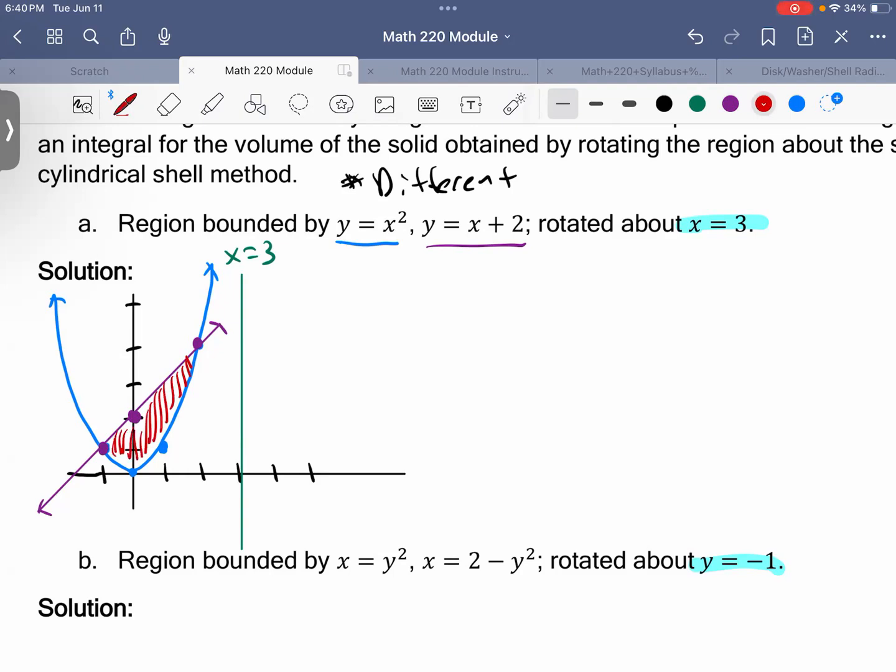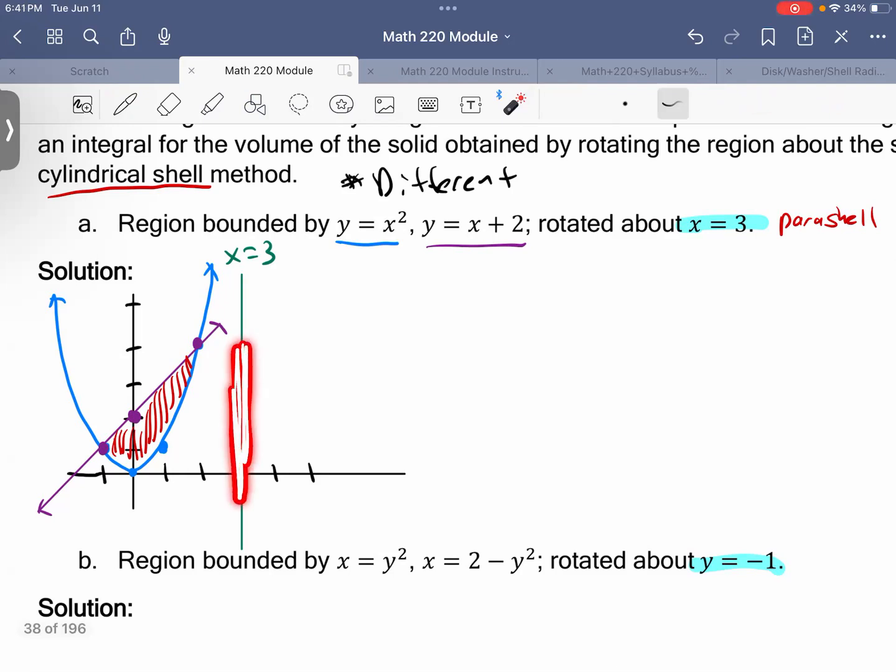And remember, we want to use the shell method. So we have to be parallel to the axis of rotation. Our representative rectangle needs to be parallel to our vertical line x equals 3. And so we will have a vertical rectangle, dx.